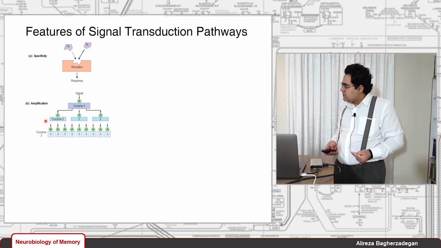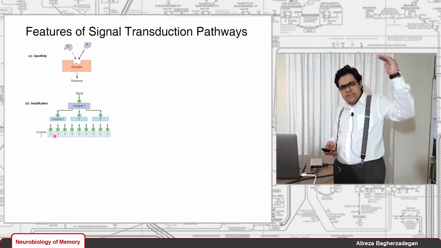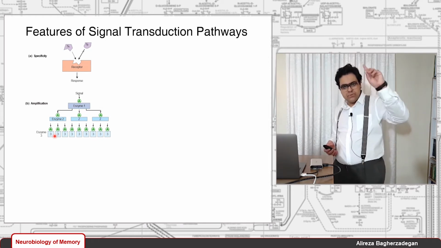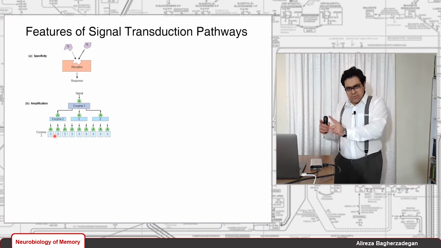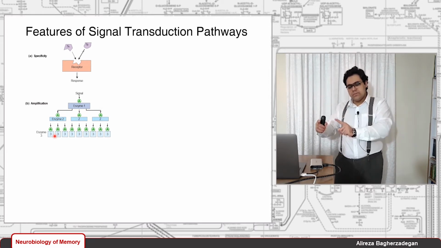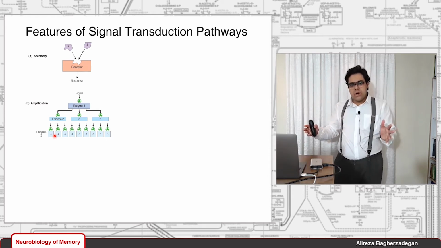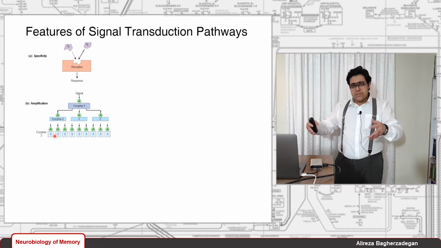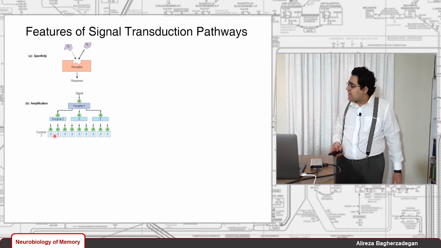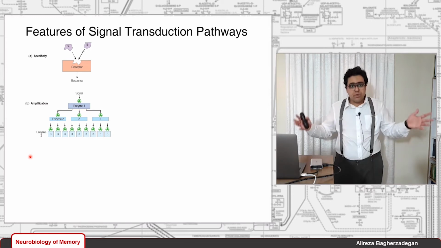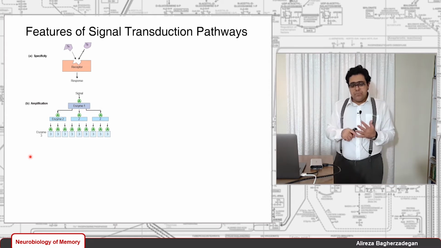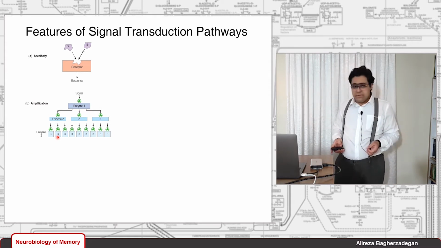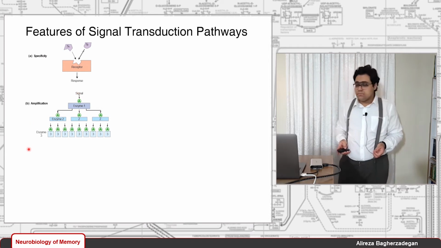Each one of these enzymes is going to activate a number of other enzymes. This is how a signal is amplified. So one signal is enough for activating one type of enzyme. That type of enzyme is going to activate a number of other types of enzymes. Each one of those enzymes is going to activate a number of other enzymes. And that's how a single signal is amplified and is spread throughout the cell. Amplification is a very important feature to spread the signal. It also increases the efficiency of first messengers as well.